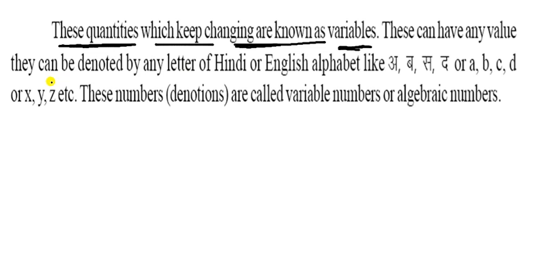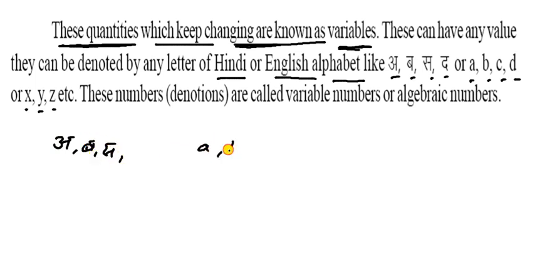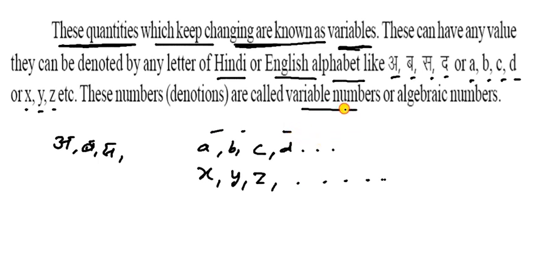They can be denoted by a letter, a Hindi letter or an English alphabet letter, like A, B, C, D or X, Y, Z. These are also variables. So these are called variable numbers or algebraic numbers.